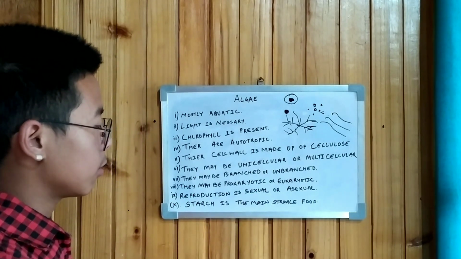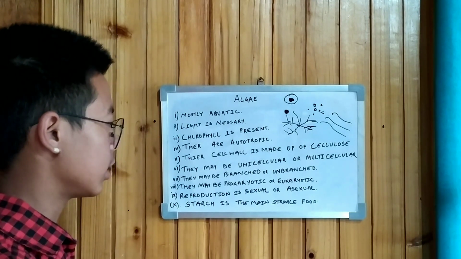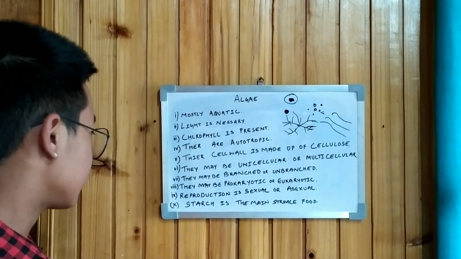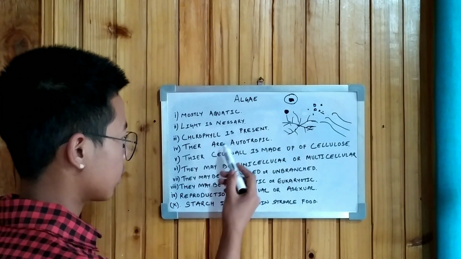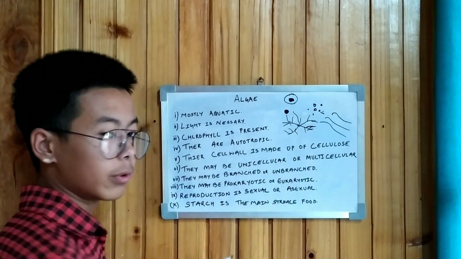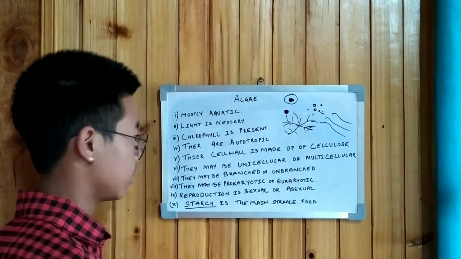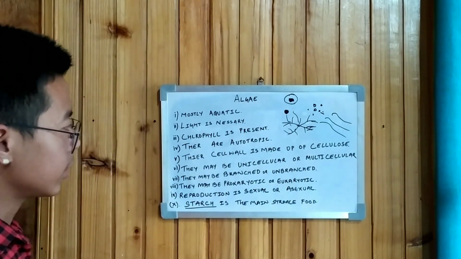They may reproduce by the fusion of male and female gametes, or asexually by a single parent. Number 10, starch is the main stored food. The food produced from photosynthesis is mainly starch or simple sugar. So I have described the 10 points of algae.